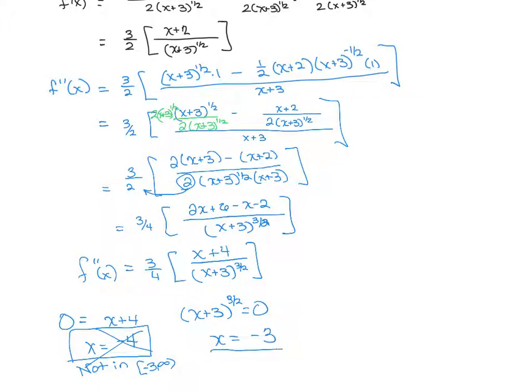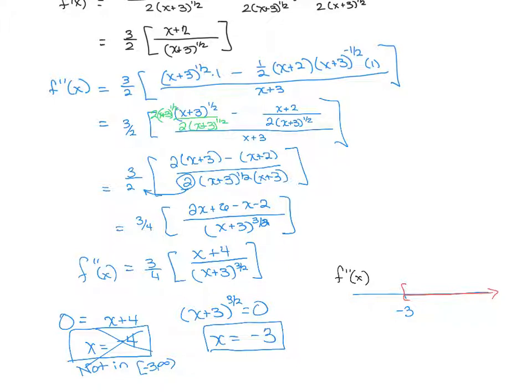So the only possible point of inflection, I should say, is -3. But remember, our domain is -3 to infinity. So in this function, we only care what the second derivative is to the right of -3.